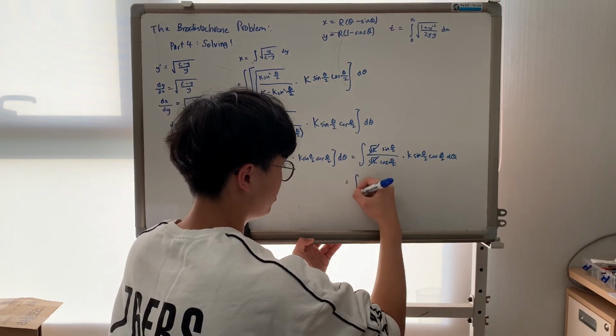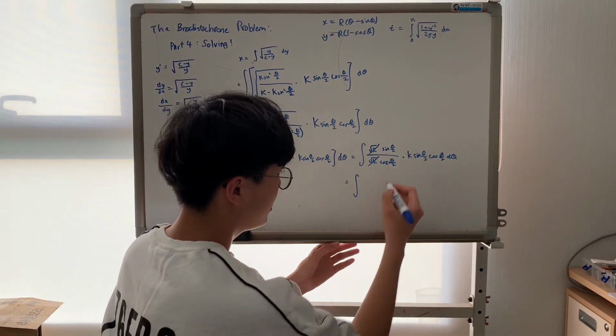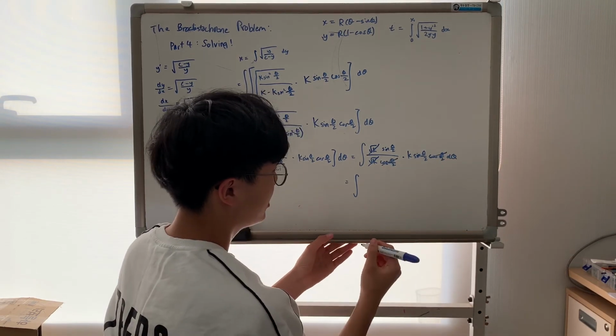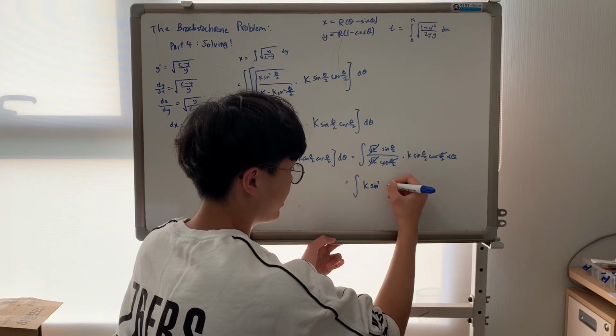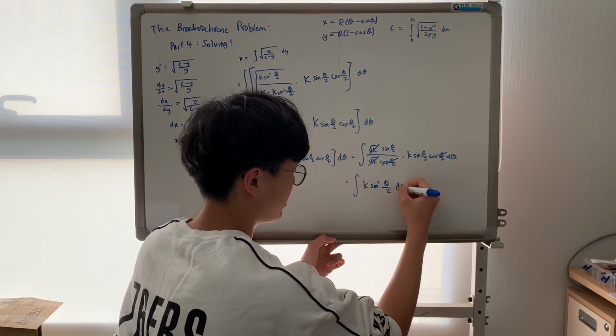And that's going to be equal to, cosine and cosine cancel out, so we basically get k sine squared theta over 2 d theta.